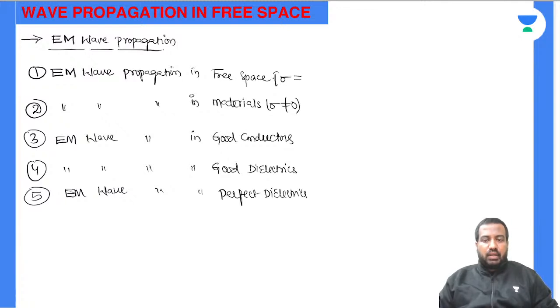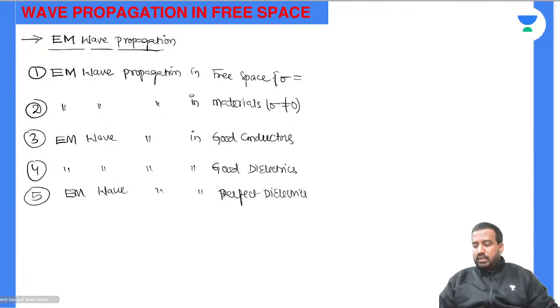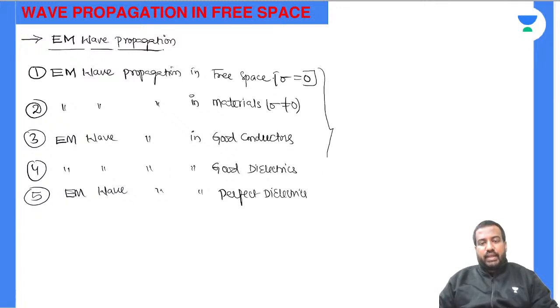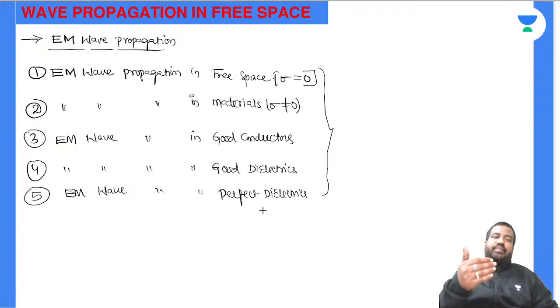Zero. Good. Good, Bhaskar. Karna, good. Okay. Sigma is 0 here. With this, we'll complete EM wave propagation through different mediums.